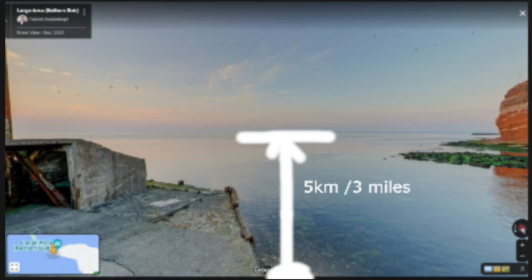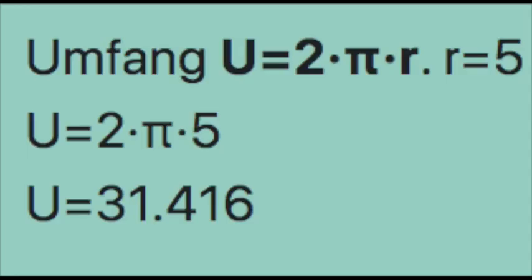We know that from our point towards the horizon, it's 5 kilometers of distance, or 3 miles, whatever unit you use. And there's a very simple formula for the circumference of a circle: U equals 2 times pi times radius, and we know the radius is 5 because of 5 kilometers.